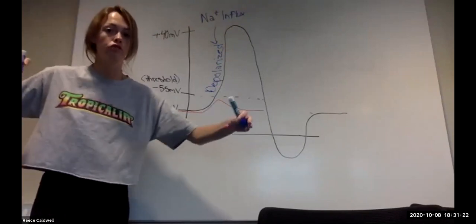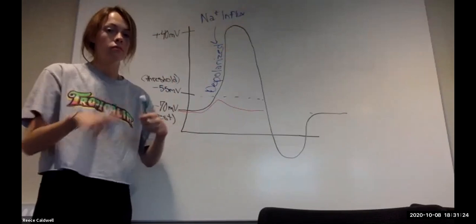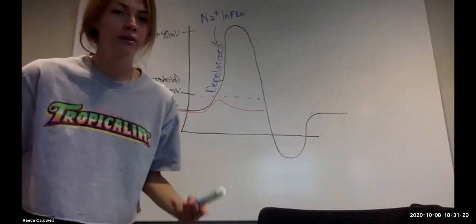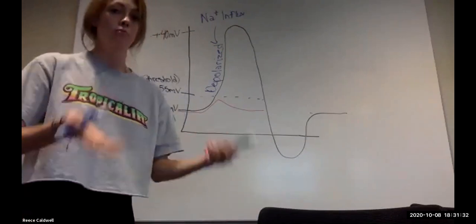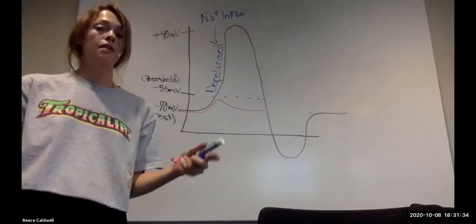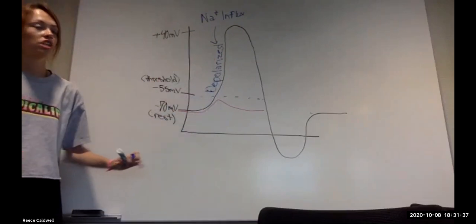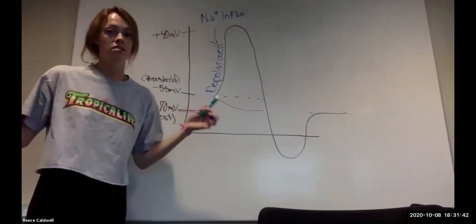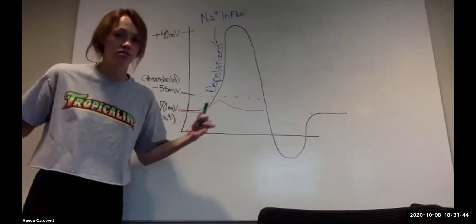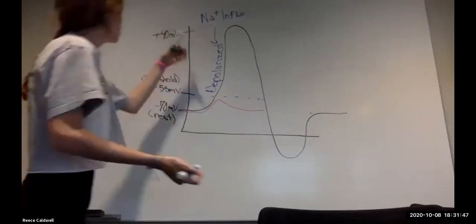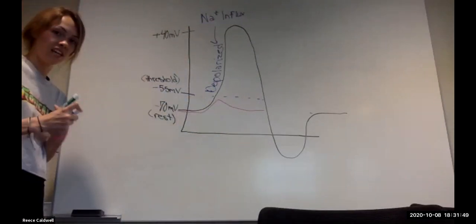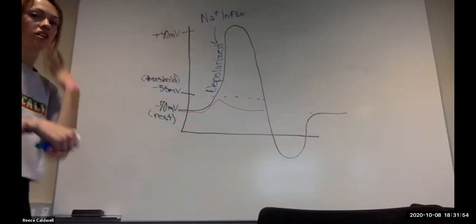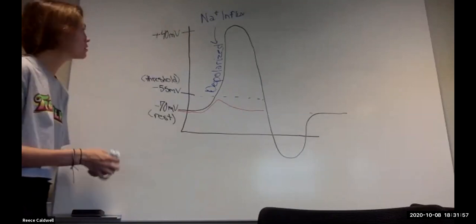So sodium will flow into the cell. I don't really know what the molecule does to the cell. I can't remember. You'll go over that in lecture. But generally, the main thing that's happening during depolarization is Na plus, sodium. We have an Na plus influx, a sodium influx. Sodium flows into the cell, which messes with the voltage, which is why we have millivolts. Sodium will make it more positive, I guess.